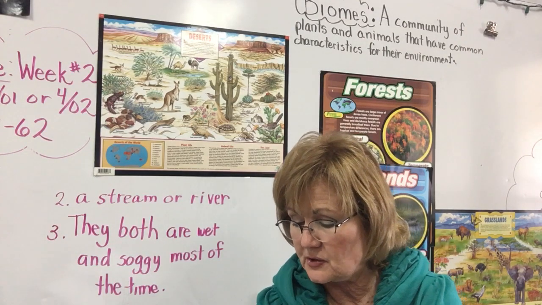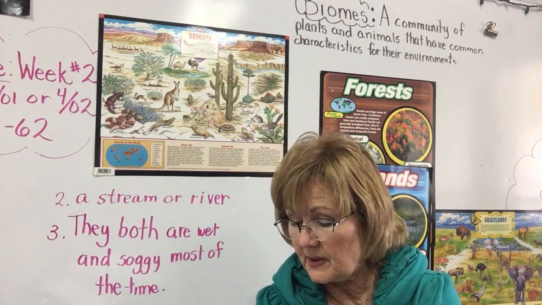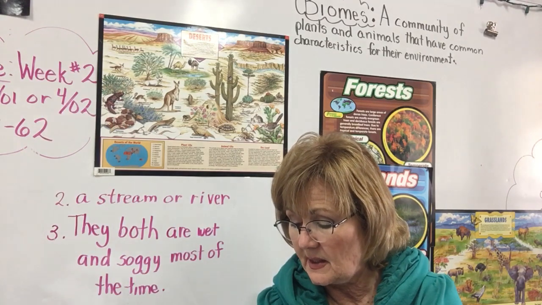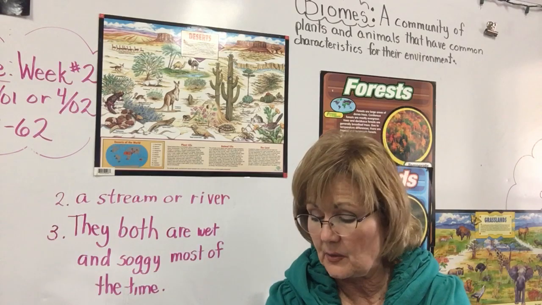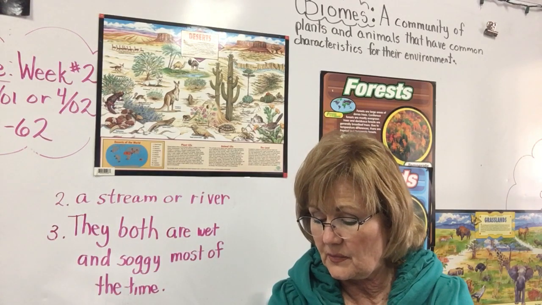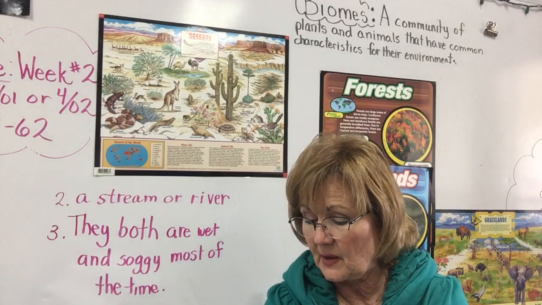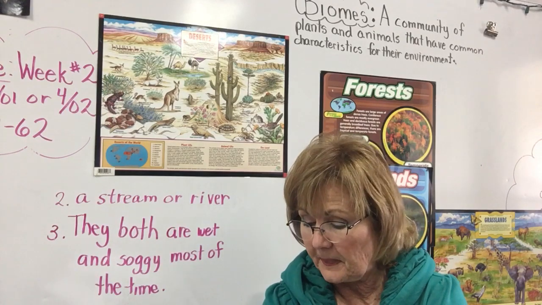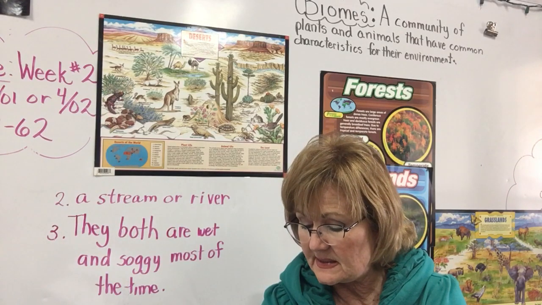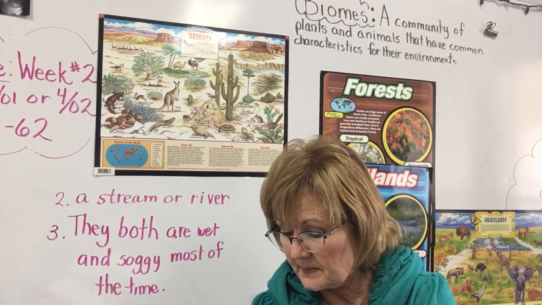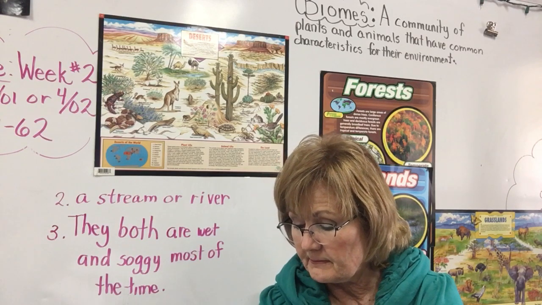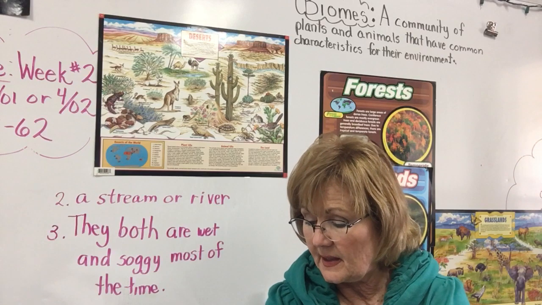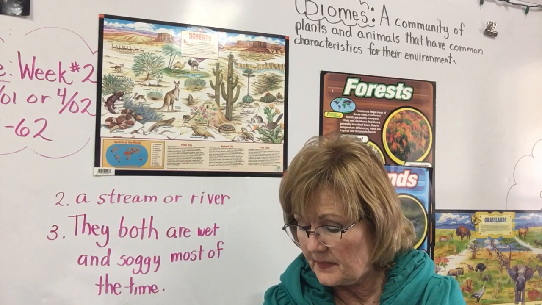So the first picture, would that be a roadrunner, a cactus wren, a coyote, a rattlesnake, a lizard, or a jackrabbit? I think you guys know that is a cactus wren, so that would be number 1. And the second animal that you see there going across, you're right, that is a coyote.